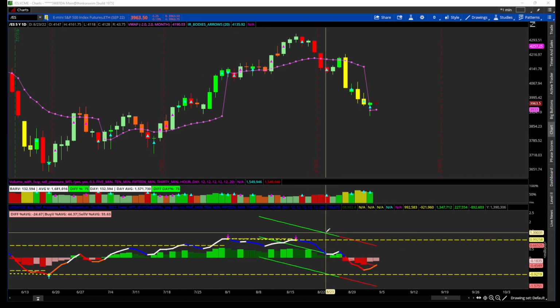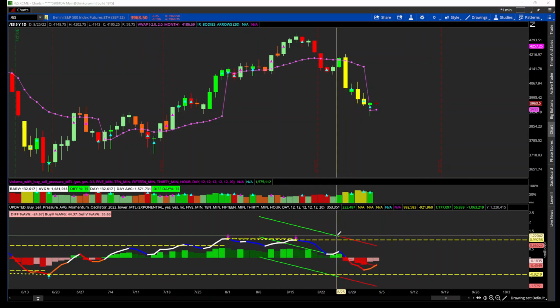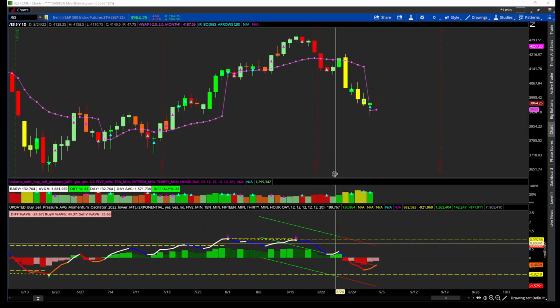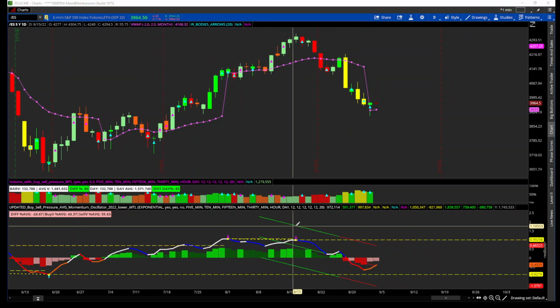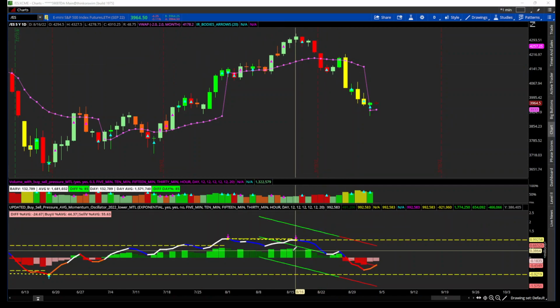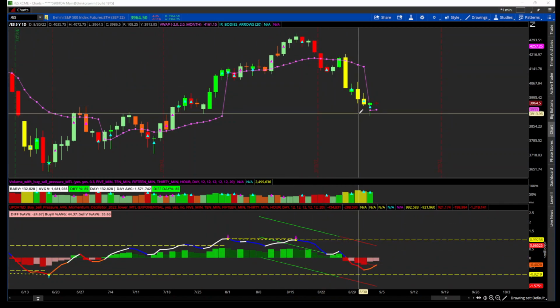What I added is a standard deviation channel for price, and I added a standard deviation channel for the indicator as well. So how this works is I have the top standard deviation, this right here, set for my highs in price. I have this lower band set for my lower lows in price.